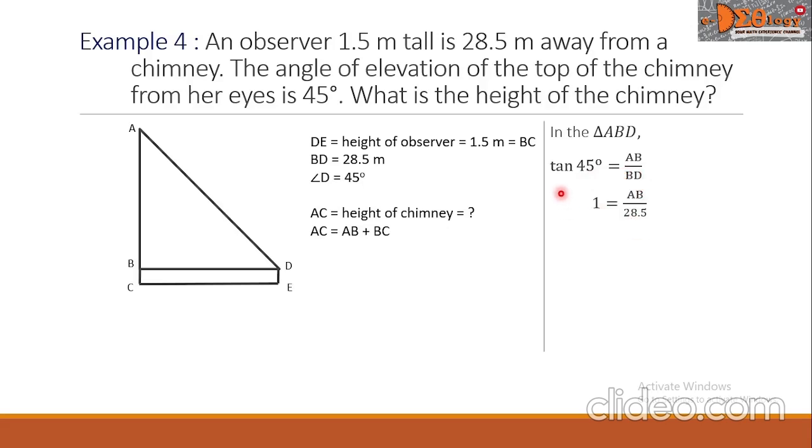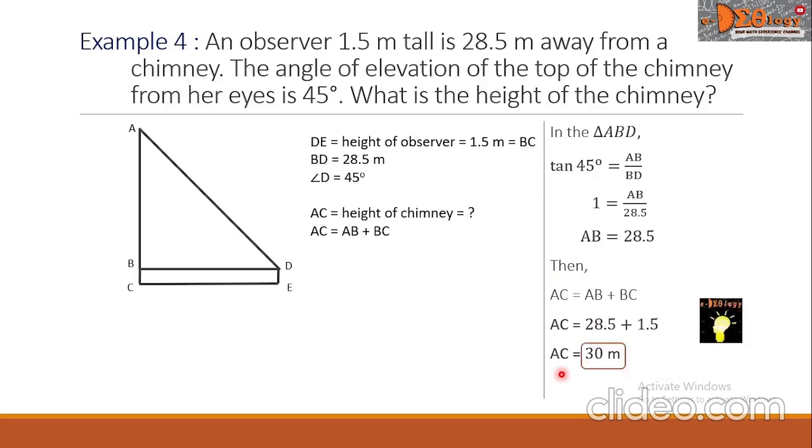When we cross multiply, we will get the value of AB, and that will be 28.5. Then we will get the AC. That is the height of the chimney. That is AB plus BC. We have this value of AB here, 28.5 plus the BC, and this is the 1.5. So total is 30 meters. This is the height of the chimney.